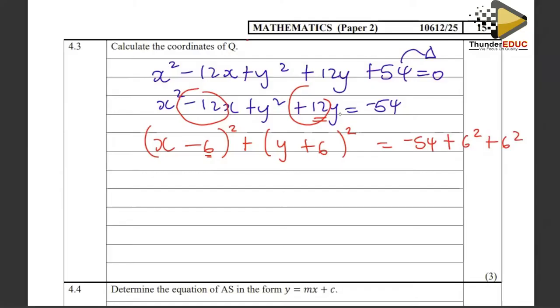Meaning that we have (x minus 6) squared and then (y plus 6) squared. When I simplify this side, I have negative 54 plus 36 plus 36, which is 72. So 72 minus 54, I get 18.